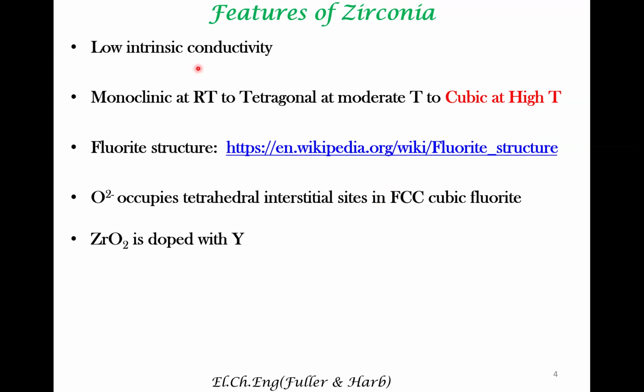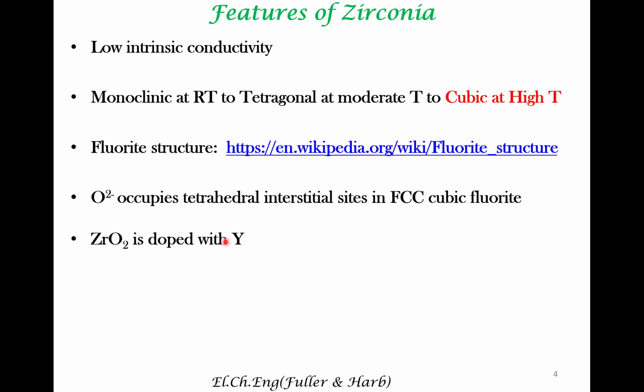Because it has low intrinsic conductivity, which I said is desirable for certain reasons, which we will look at in the next few slides, the conductivity of zirconia can be modulated by doping with yttria. This is very much like why silicon is useful in semiconductor industry. Pure, single crystalline silicon has low conductivity.